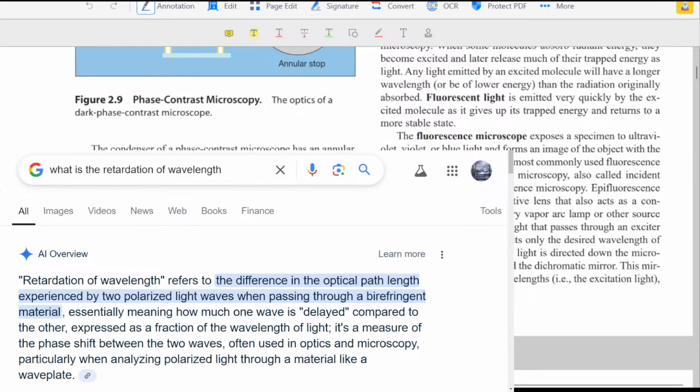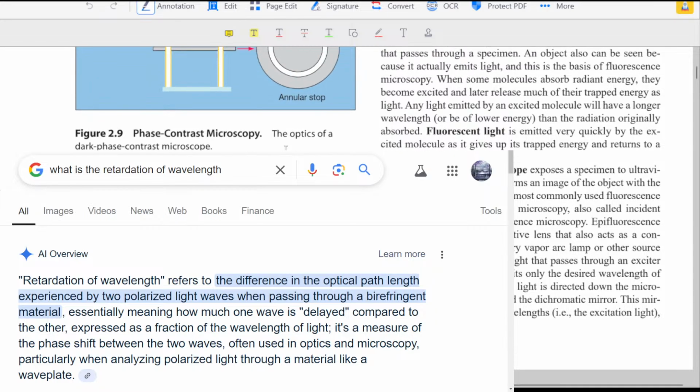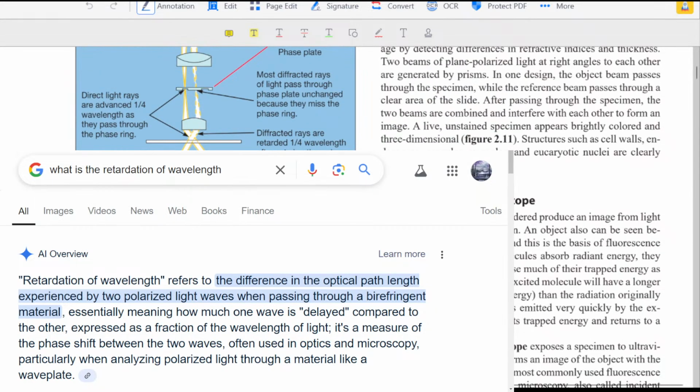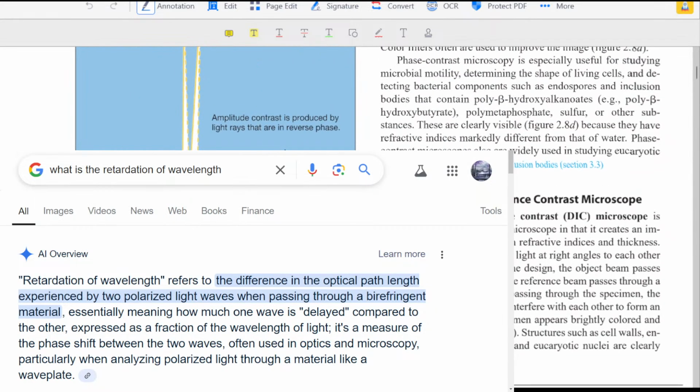I see what they meant by 1/4 wavelength advancement. They like to play with their words. They could just have said that it is deviated even more by 1/4 and it became 1/2. But they say that this one is first deviated 1/4, meaning at this stage it is already deviated 1/4 wavelength, and this one is already advanced 1/4 wavelength.